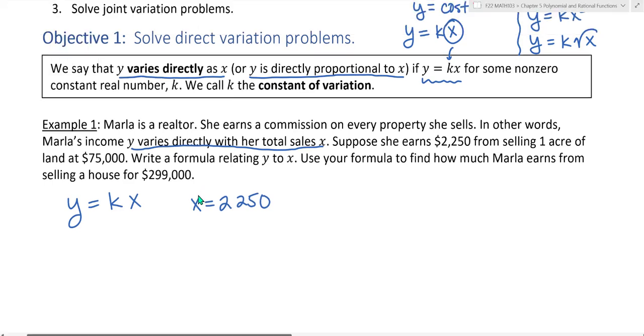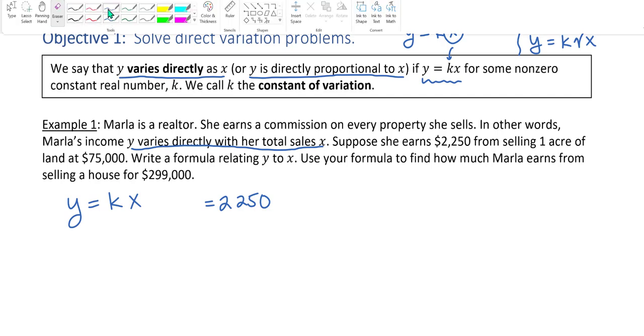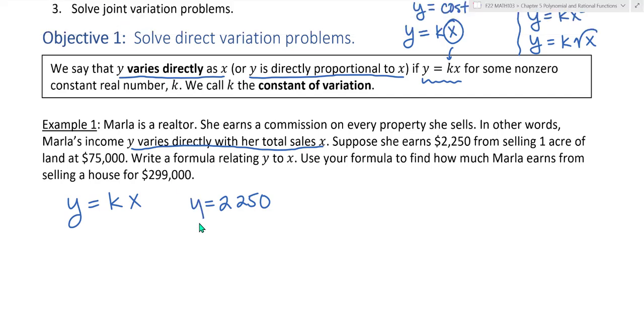That's the y. y is what she earns. So her sales, I apologize, would be 75,000. So x is 75,000. We can plug these into our formula template and figure out what k is.